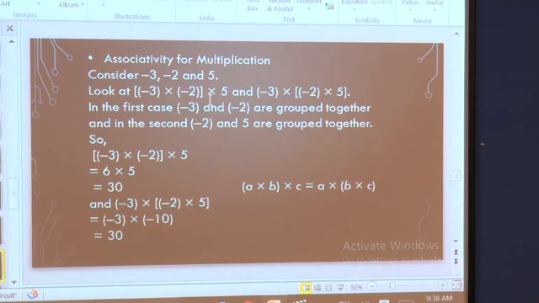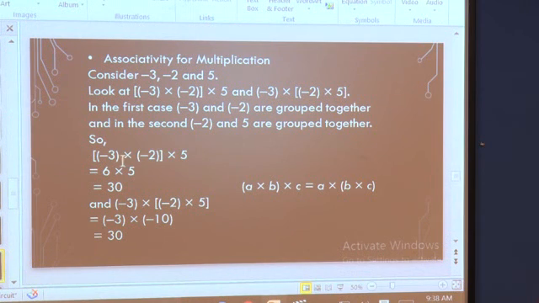Now we will see one example. In the first case, minus 3 and minus 2 are grouped together. In the second case, we had grouped minus 2 and 5. What will be the answer of this bracket? It will be different, yes, but when we do the multiplication, we get the same answer. Here I had done minus 3 into minus 2.